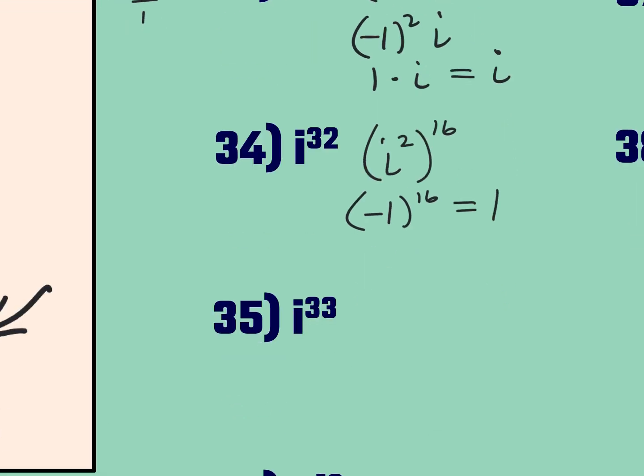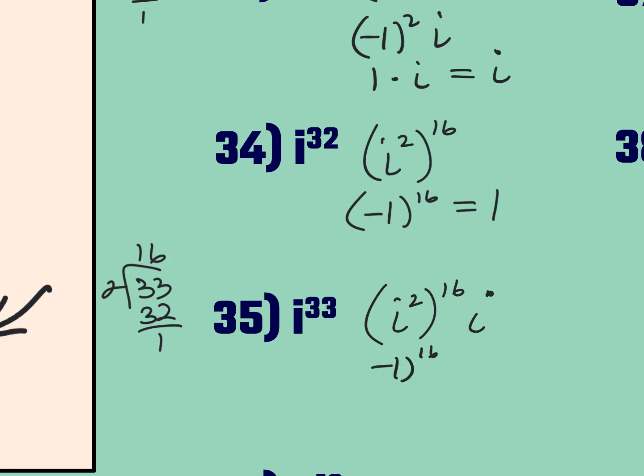Again, I'm going to divide 33 by 2. Goes in there 16 times. So i squared raised to the 16th power, but I had a remainder of 1, so I got to put that i there. This is -1. It's an even power, so it's 1 times i, and my answer is i.